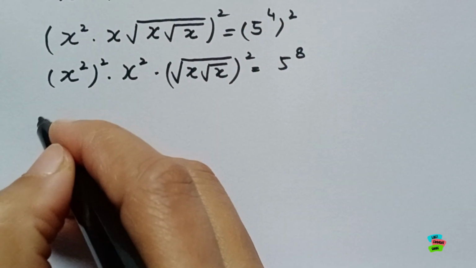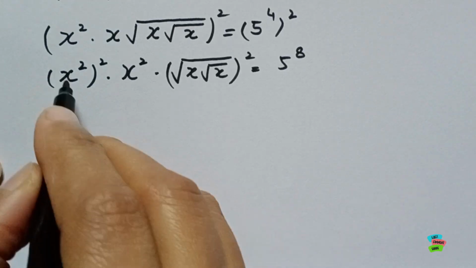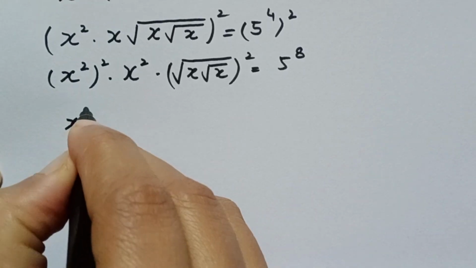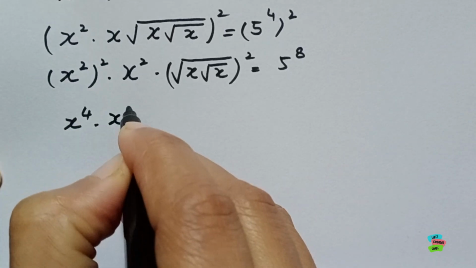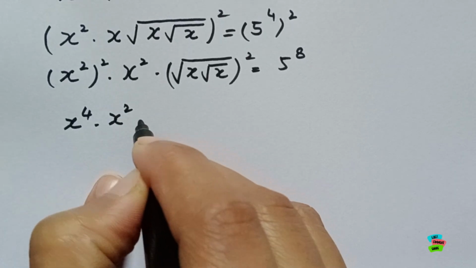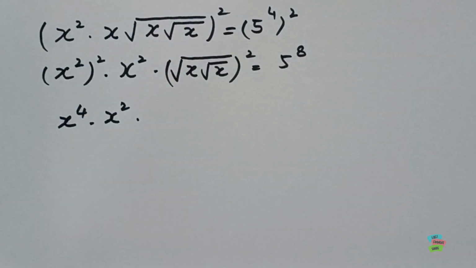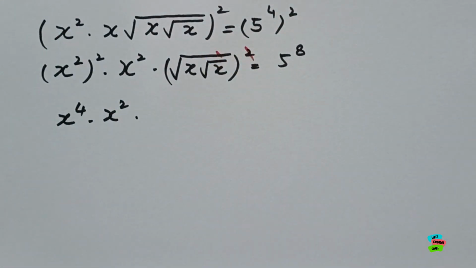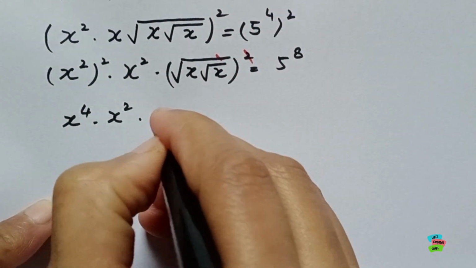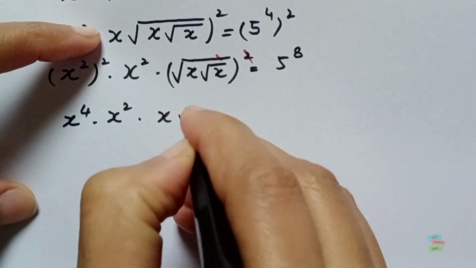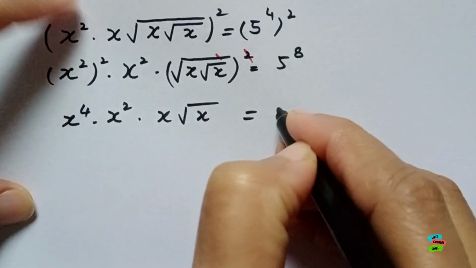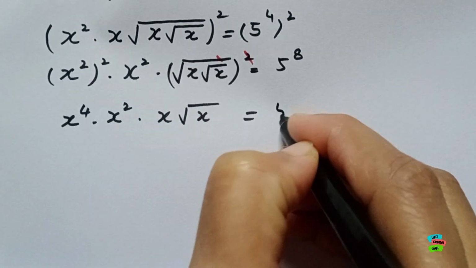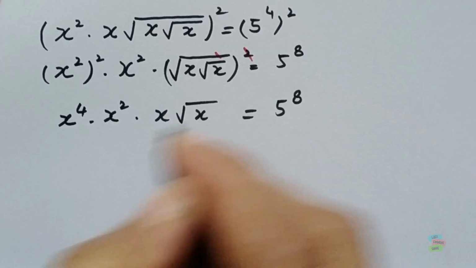So x to the power 4, and here x to the power 2, and here this 2 will cancel out with the square root and we will get x. So x times square root x is equal to 5 to the power 8.